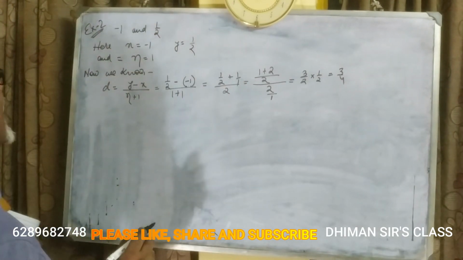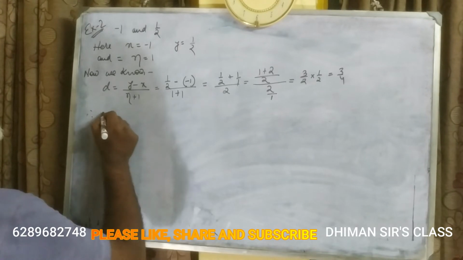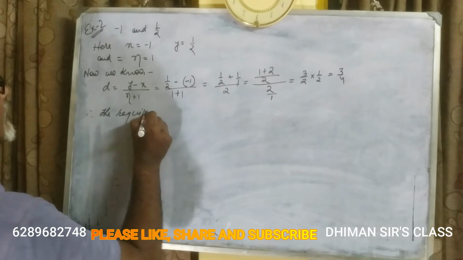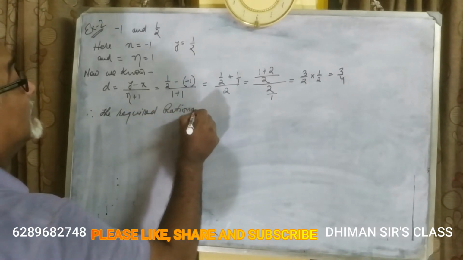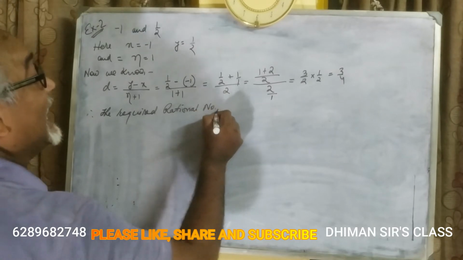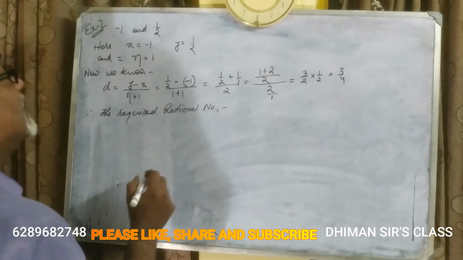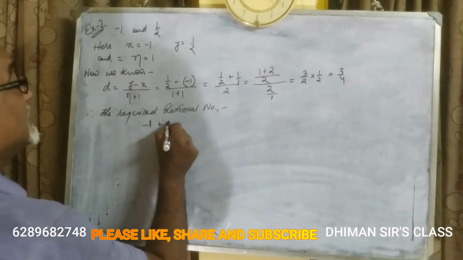Now, therefore, the required rational number, as only one number is asked, will be minus 1 plus 3 by 4.